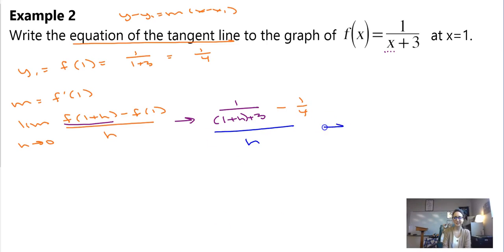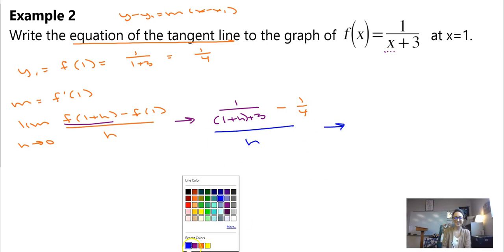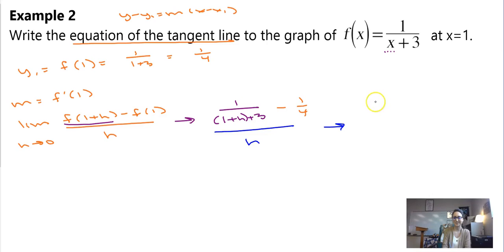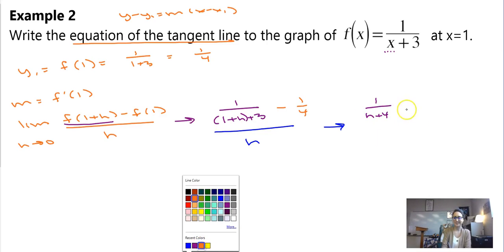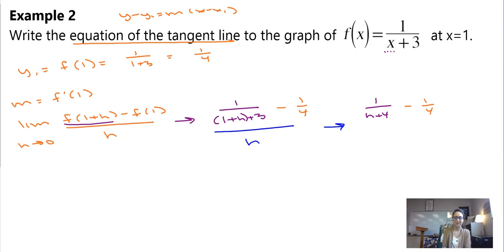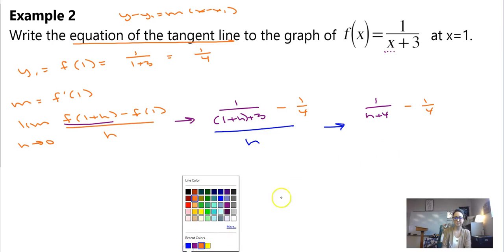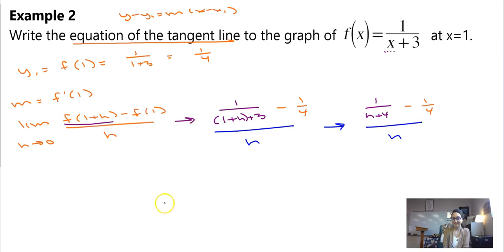Okay, let's clean this up a little bit. That purple piece, notice that you have a 1 and a 3. Those are like terms in the denominator. So 1 plus 3 is 4. So let's change this to h plus 4 and keep everything else. Minus 1/4 all over h. Now, remember when we did these limits, do you remember algebraically what we can do now?